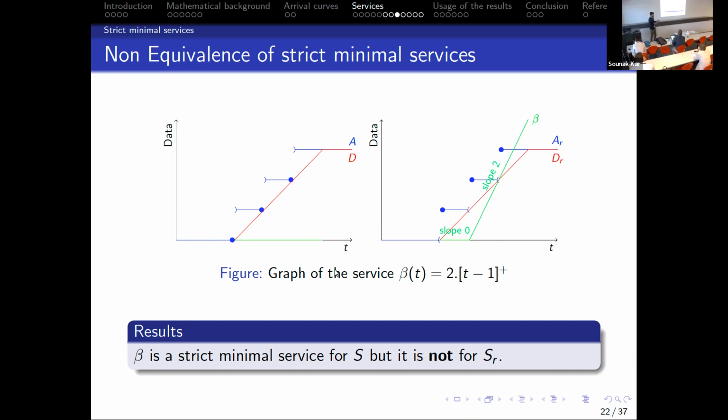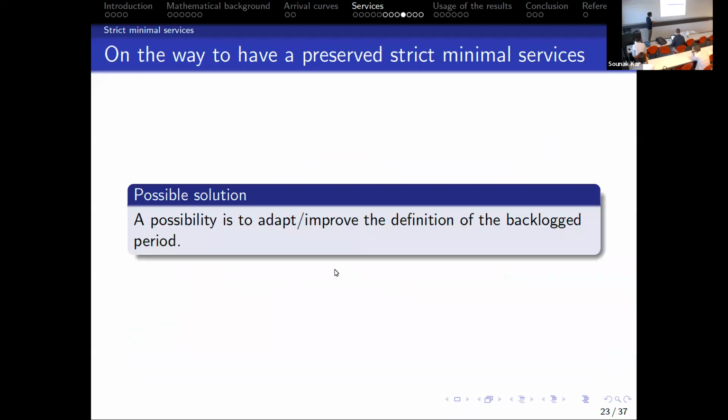In the same way, we can construct another example and see that we have non-preservation for the strict minimal service passing from the right world to the left. So we lose the strict minimal services passing from a world to another.